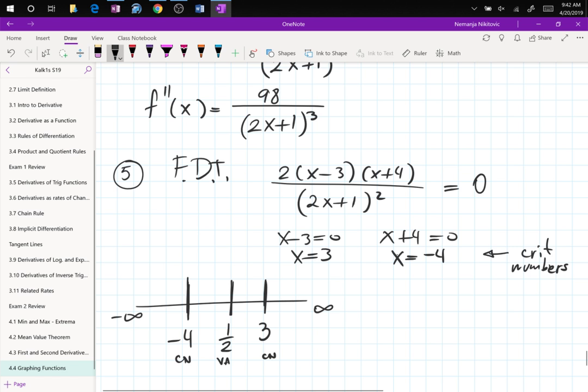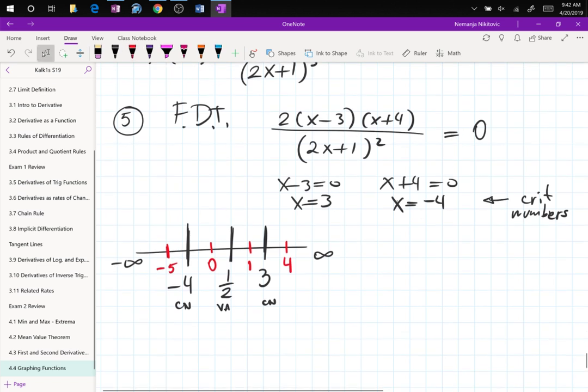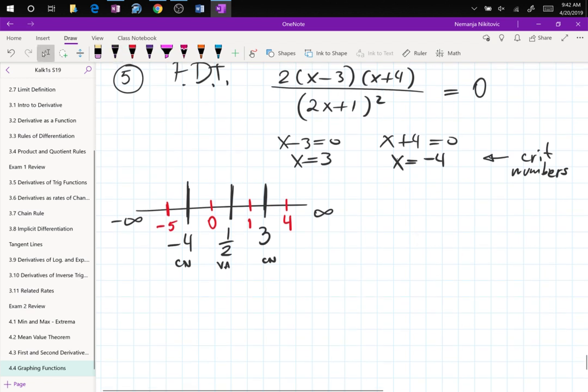So we have to partition at all of these. Pick a test point in each region. So negative 5, 0, 1, and 4. So we pick a test point in each region, and then we go and calculate the first derivative at each one of these test points.